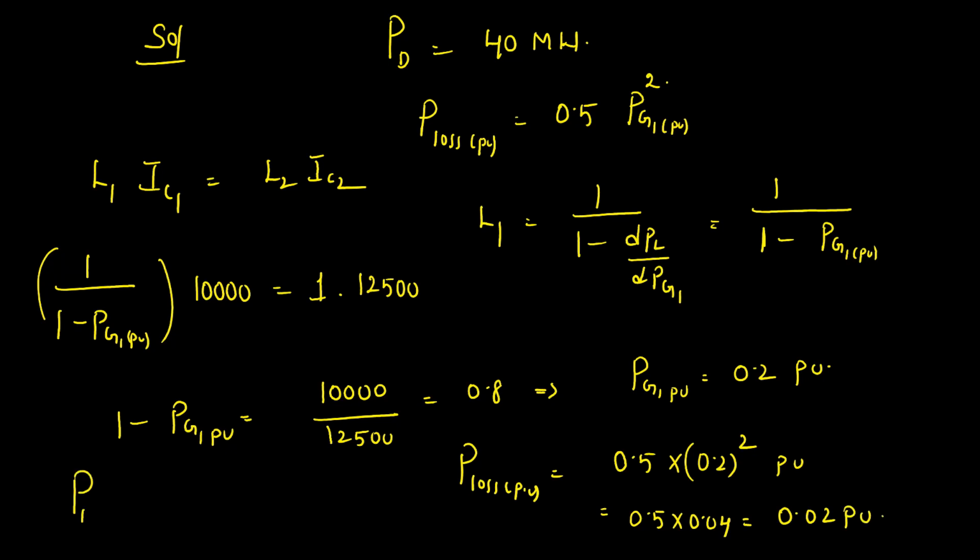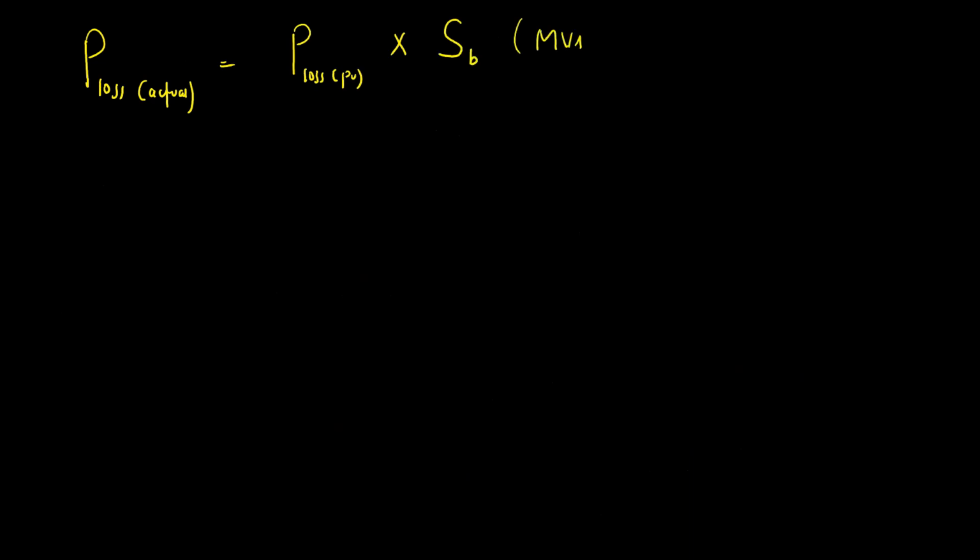Power loss actual is equal to power loss per unit into MVA base. This you will study when you study the per unit system. So this will become 0.02 into 100 MVA, which is 2 megawatt. 2 megawatt is the power loss.